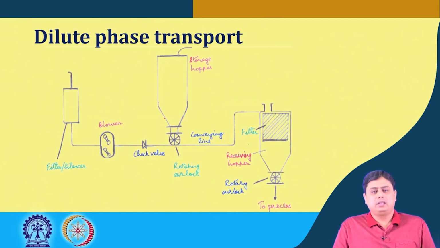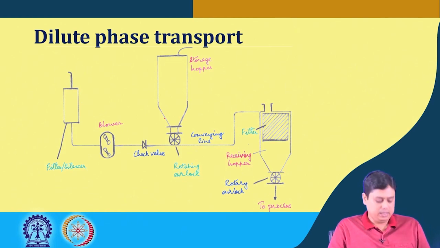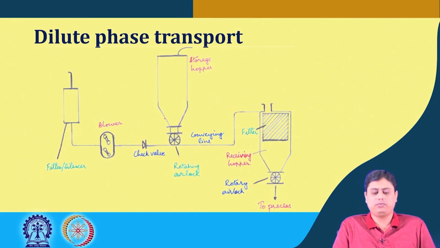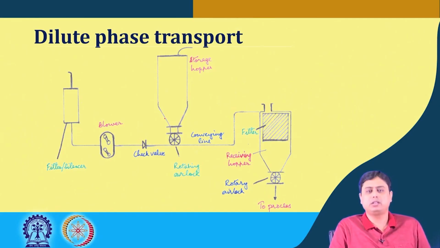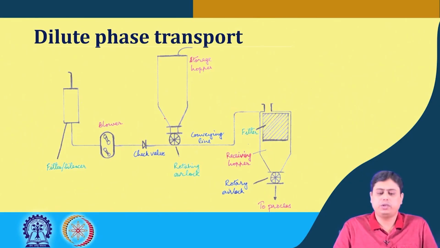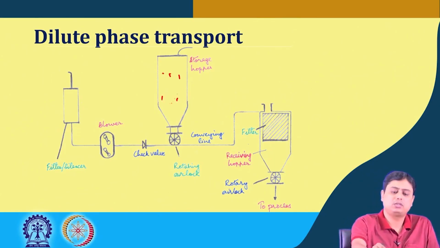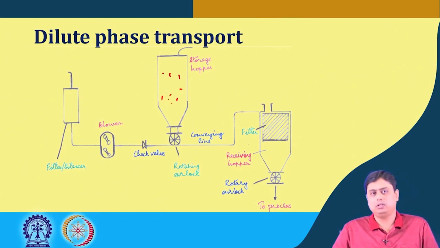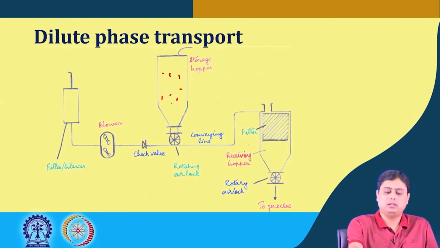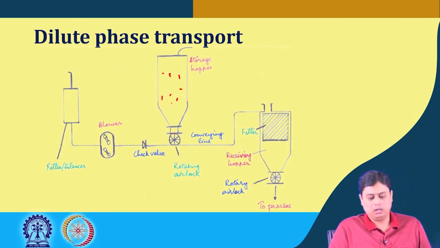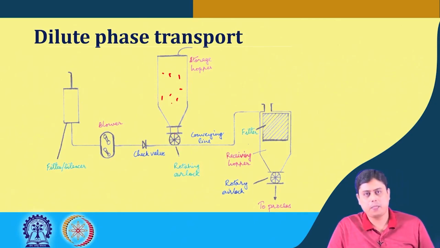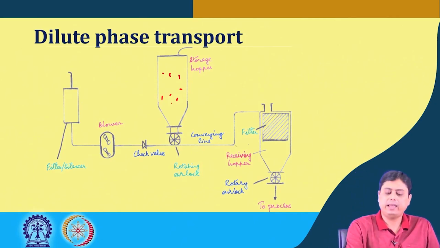Now, like in slurry transport, where we have seen how it is typically conveyed, one such schematic for pneumatic transport is shown here. The solid particles are stored in a storage hopper, and there is a rotating air lock. This is the conveying line.